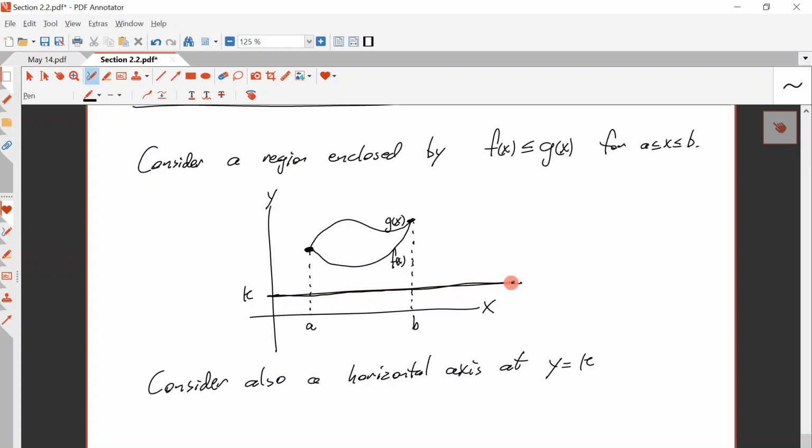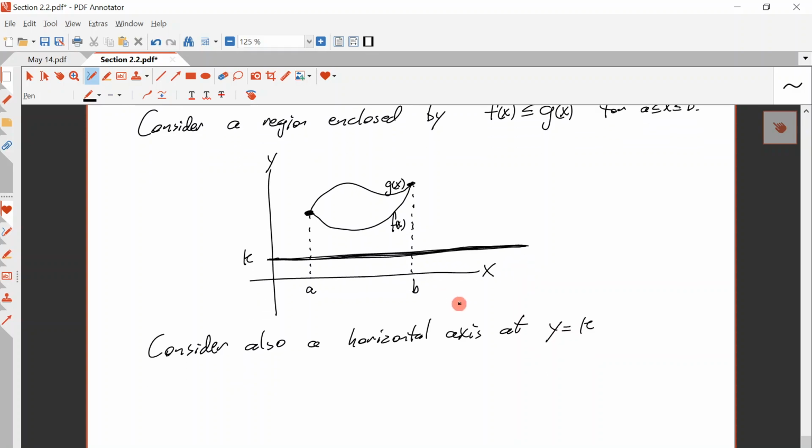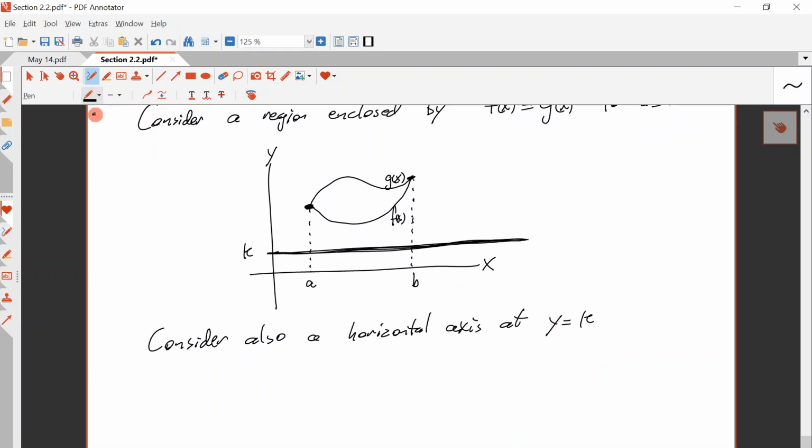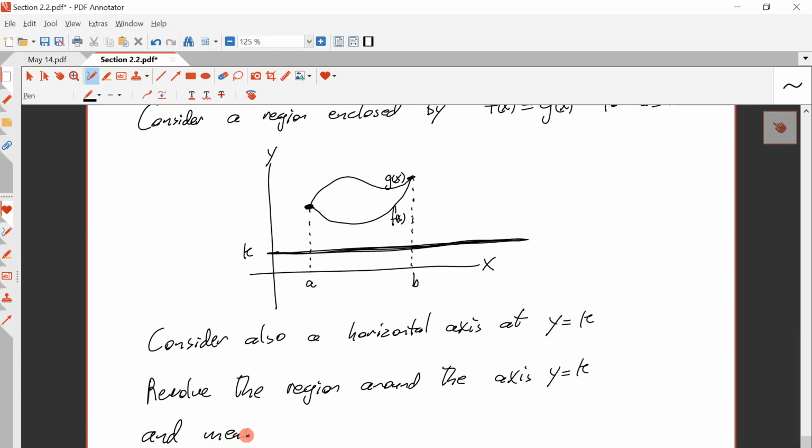And what we want to do is revolve that region around this axis to obtain a solid and then measure its volume. So revolve the region around the axis y equals k and measure the volume of the resulting solid.